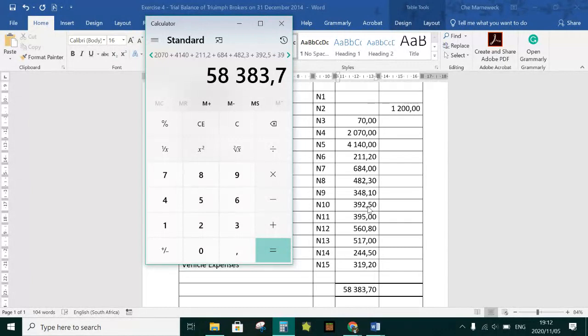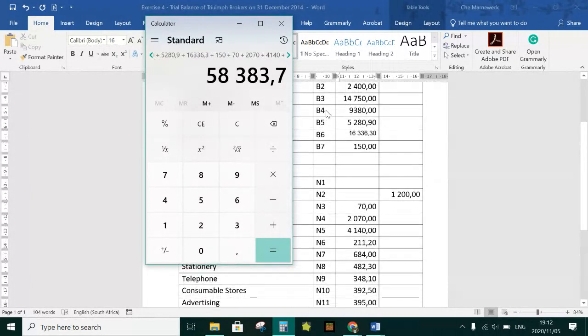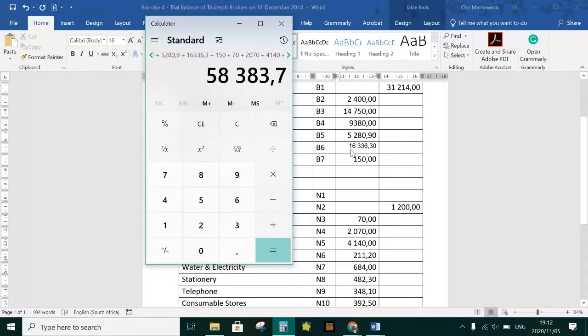I've left out this amount, 348.10, 684, 211.20, 4,140, 2,070, 70, 150, 16,336.30, 5,280.90, 14,750, 2,400.